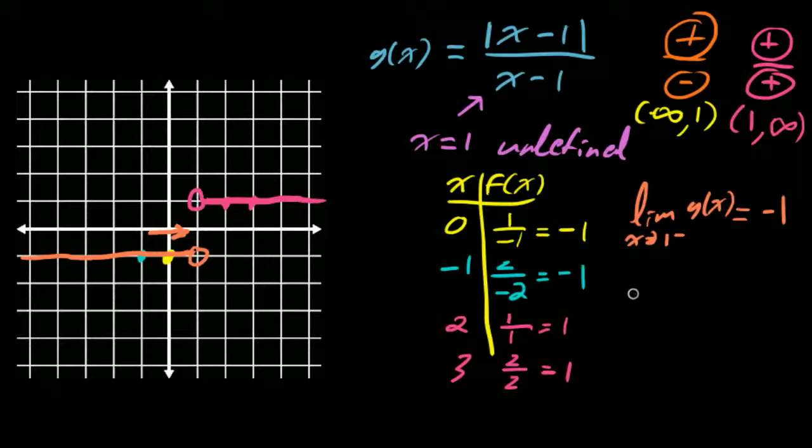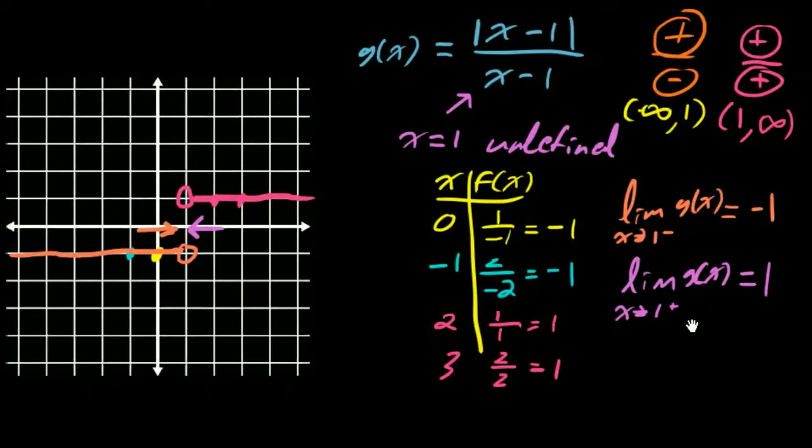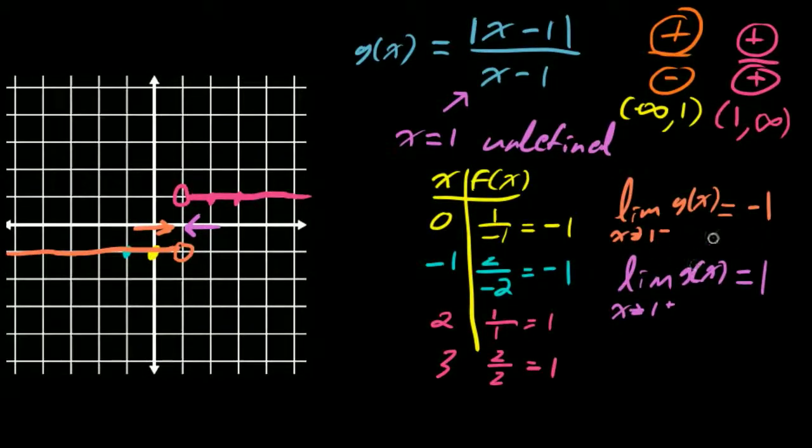Similarly, if we approach from the other side, the limit as x approaches 1 from the positive side of g of x, that means we're taking numbers that are really close to 1 but just a little bit bigger than 1, and we're looking at the behavior of our function. We can see that the value our function approaches there is 1.